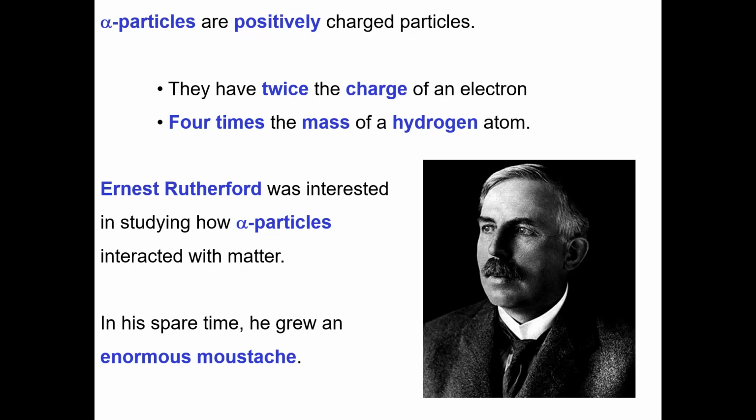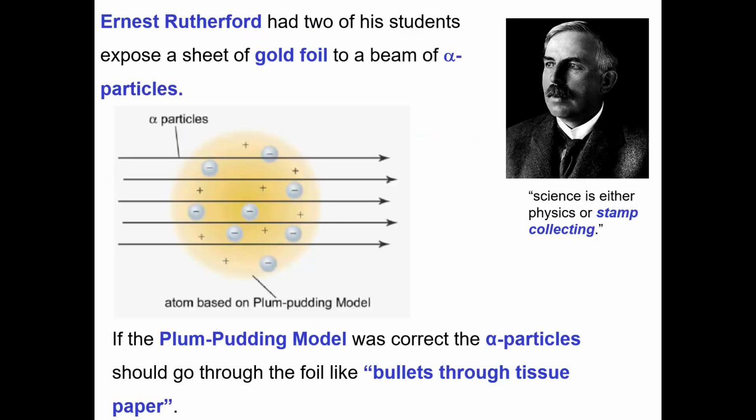So he had 2 of his students, Geiger and Marsden, perform the following experiment. So what they did was they took a beam of alpha particles and they fired it at a gold foil. And the assumption was that the alpha particles were so heavy and were moving so quickly that they would go straight through the gold foil like bullets through tissue paper.